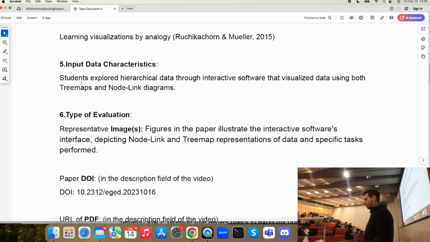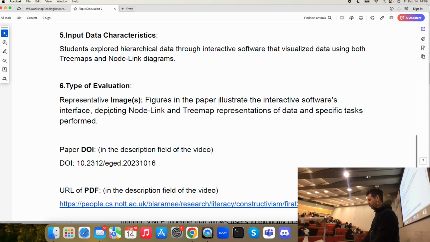Okay, input data characteristics. This is also incorrect. If you look carefully, there's an input data set to the software. That is what you want to describe in this case. Okay, type of evaluation. The type of evaluation in this case is a user study.